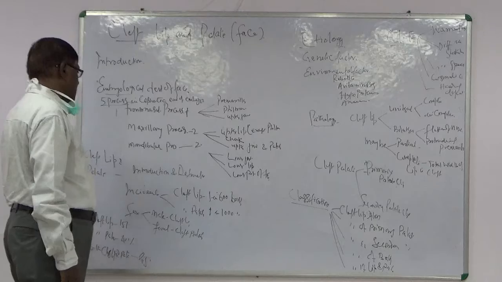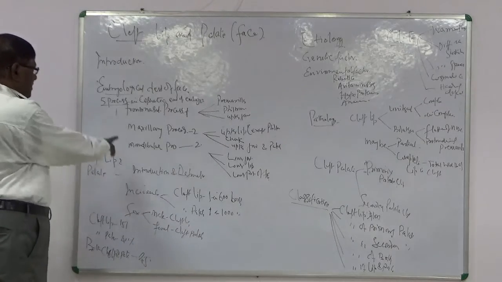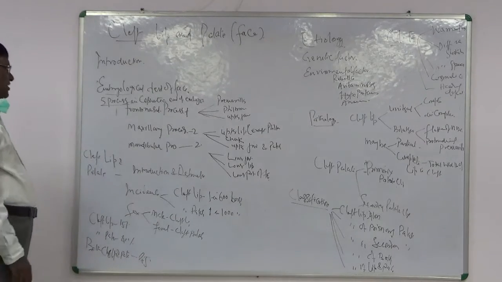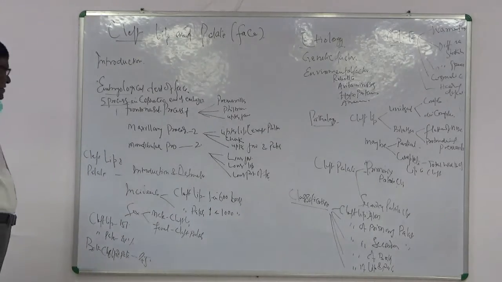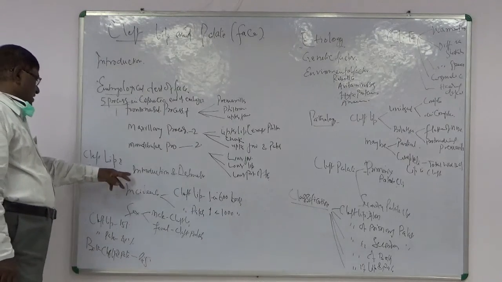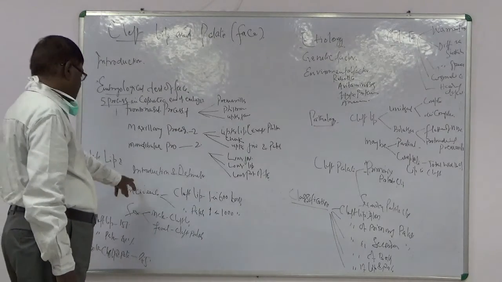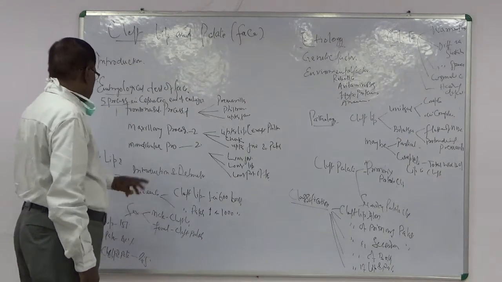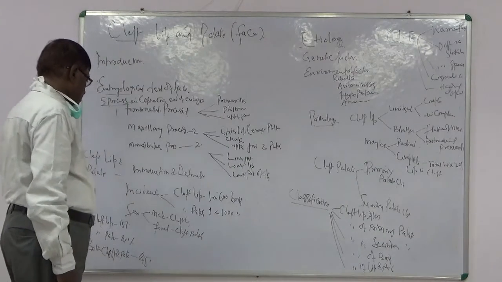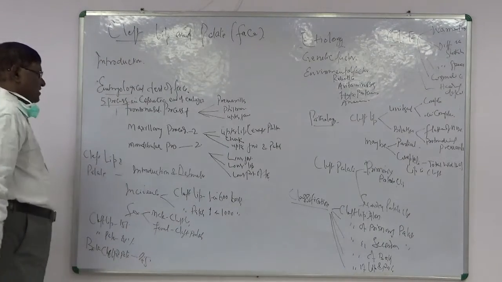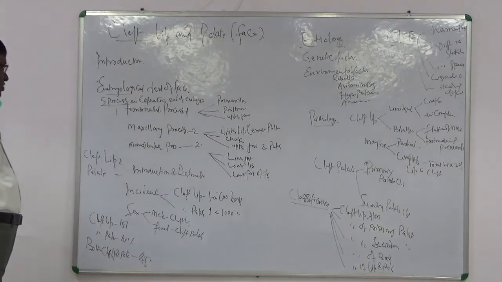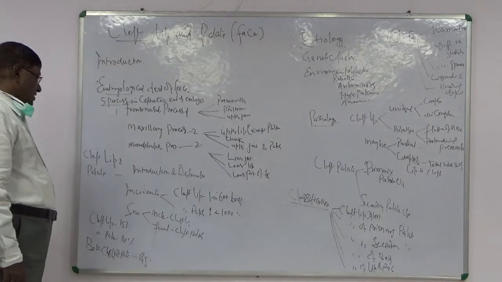When the union doesn't take place in intrauterine life, defects in the development of the lip take place and form the cleft lip. So you can define the cleft lip as failure of the frontonasal process to fuse with the maxillary process.